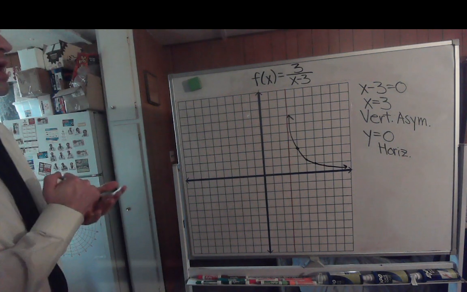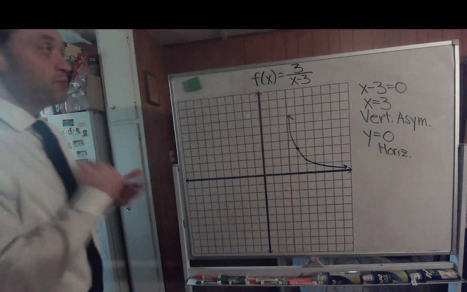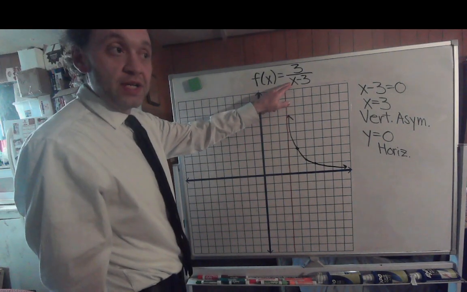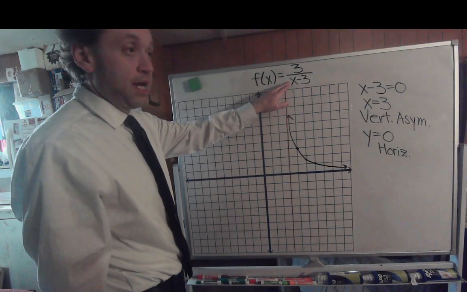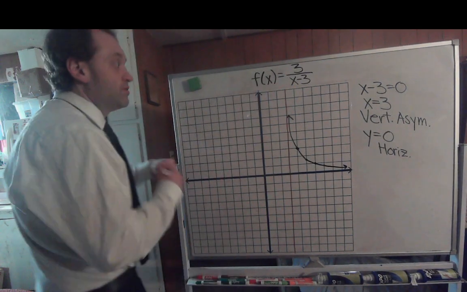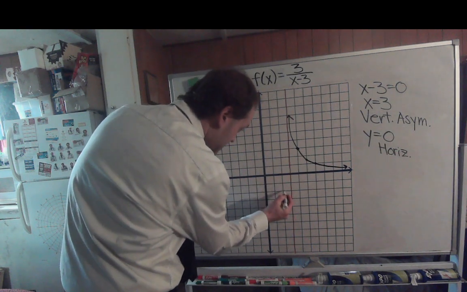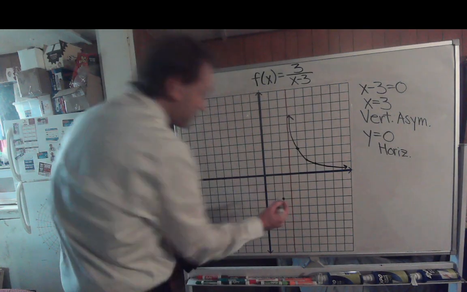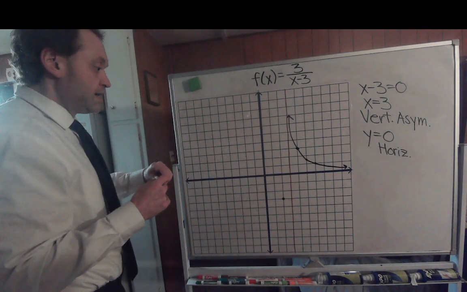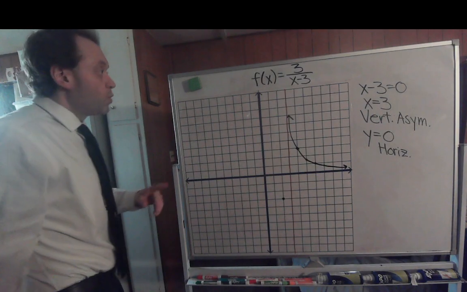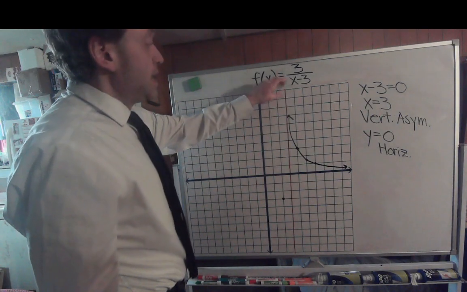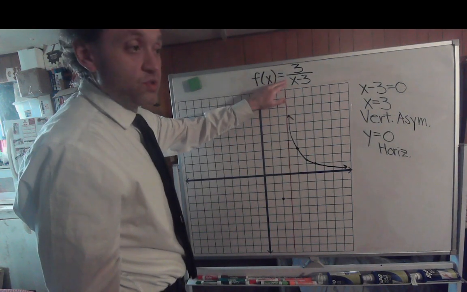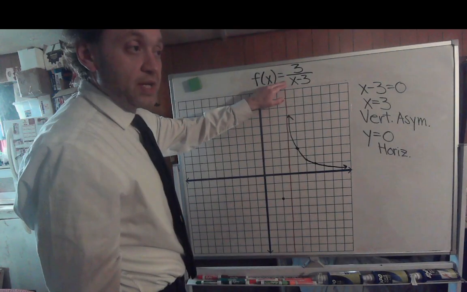Alright, so what about when x equals 2? Let's do positive 2 for x. So 2 minus 3 is what? Negative 1, okay. 3 divided by negative 1 is negative 3. So at 2, you're all the way down to negative 3. Now, what about when x equals 1? 1 minus 3 is negative 2.